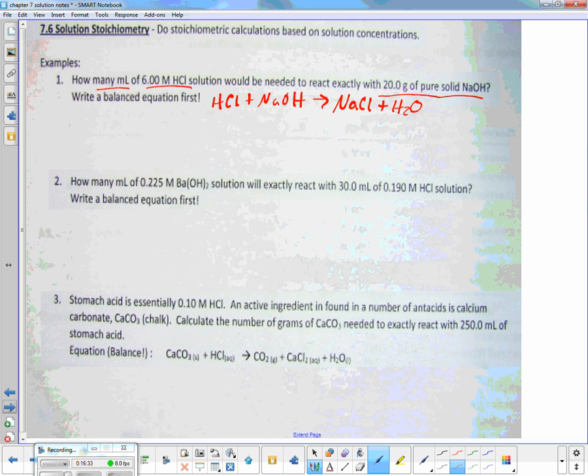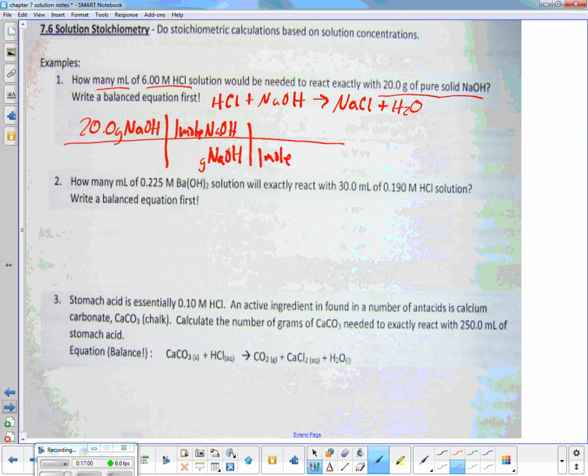So I take first and I say, okay, I have 20 grams of NaOH. In 1 mole of NaOH, there are how many grams of NaOH? We'd have to add that up. Then, the next step would be to go to the equation because it wants milliliters. Well, I know 1 mole of NaOH is needed for 1 mole of HCl.